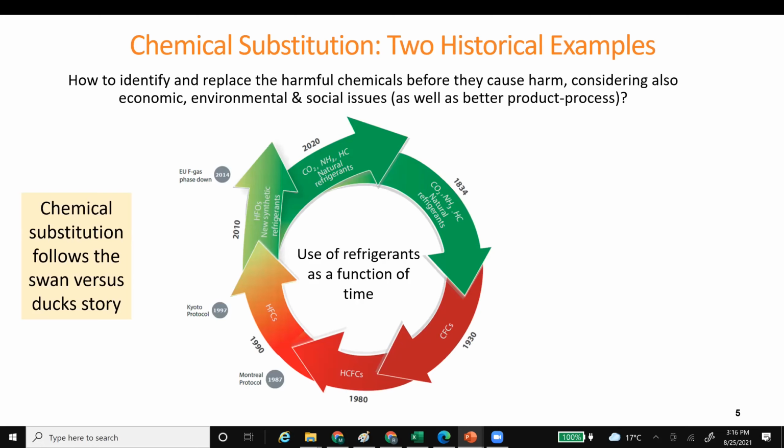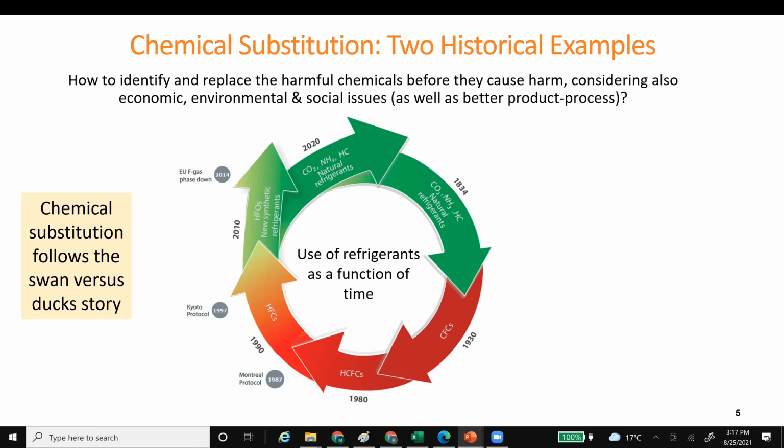In 1834, the natural refrigerants were fine, but they had some problems of safety and toxicity. Then they were replaced in 1930 with CFCs. CFCs were not dangerous from a safety point of view and were not toxic, but we didn't know that they had ozone depletion problems. So we replaced CFCs with HCFCs, and they didn't have the ozone depletion problem, but they had the global warming problem.